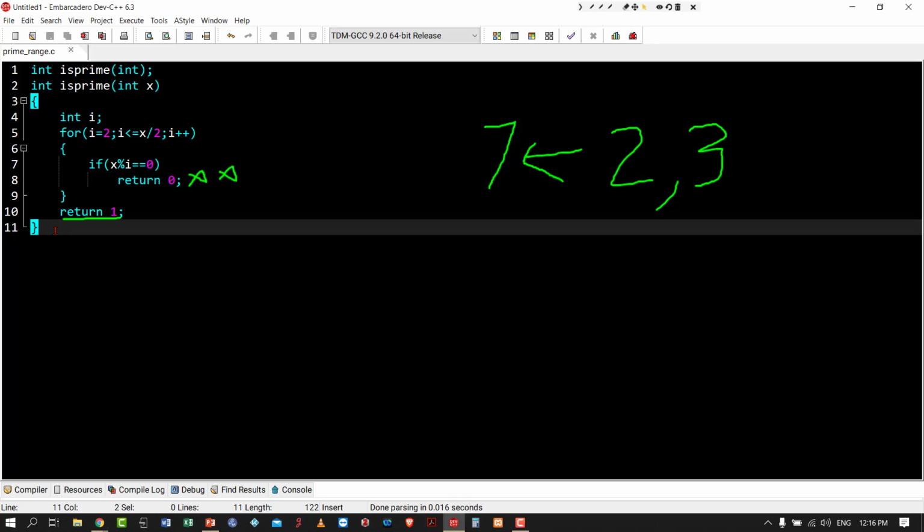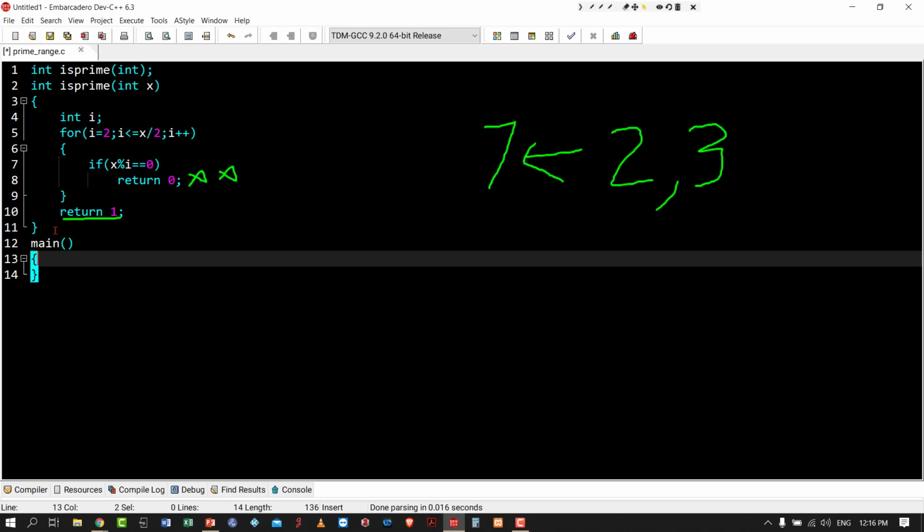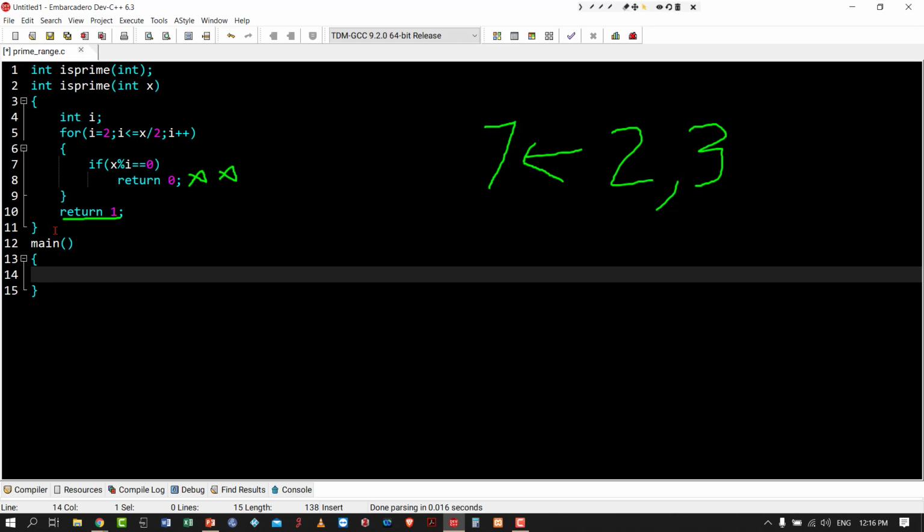So I am going to write the main. Here I am going to print prime numbers within a range.